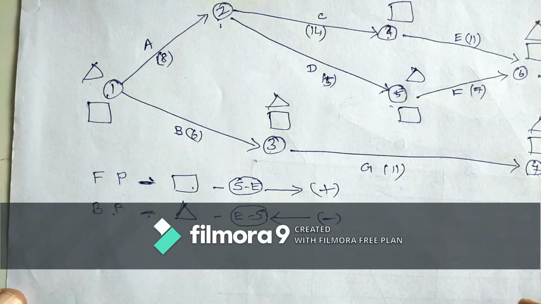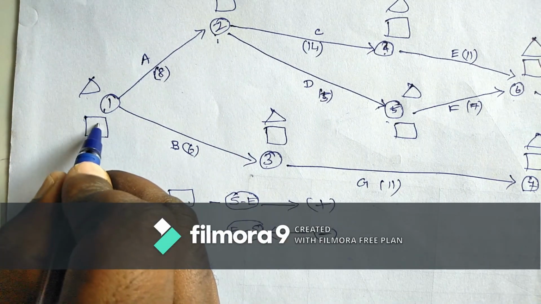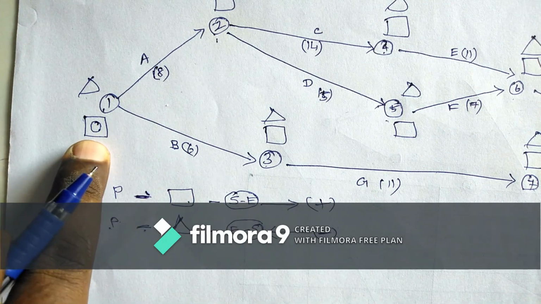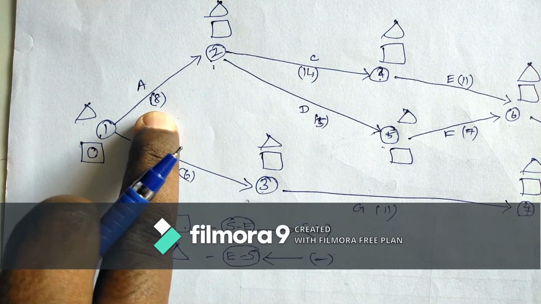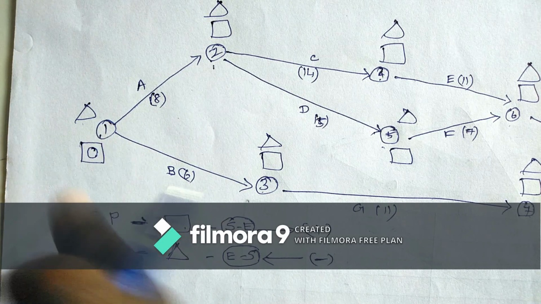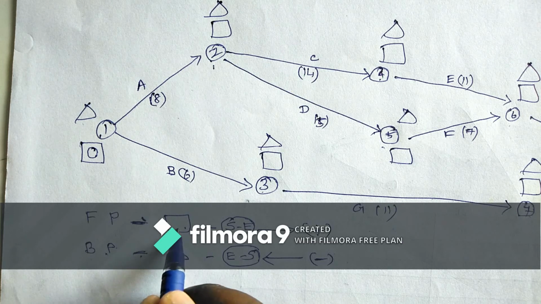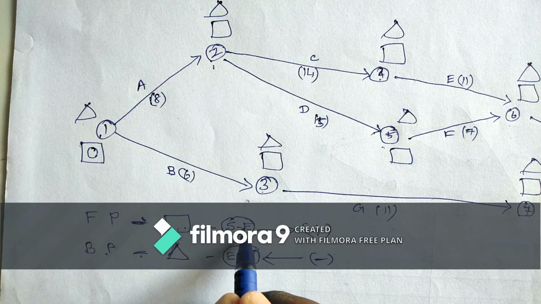Okay. So this is nothing but the duration, that is weeks. So now we are starting the first day, first week, that is 0. For finishing this first activity A, we need 8 weeks. So we mention it in a square, and we have to go from left to right, that is starting to ending point.